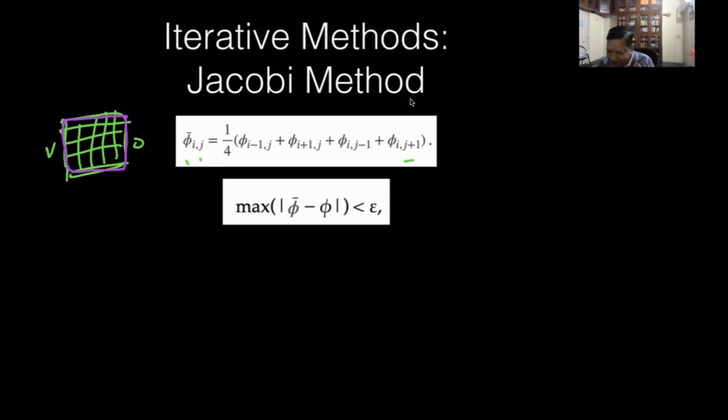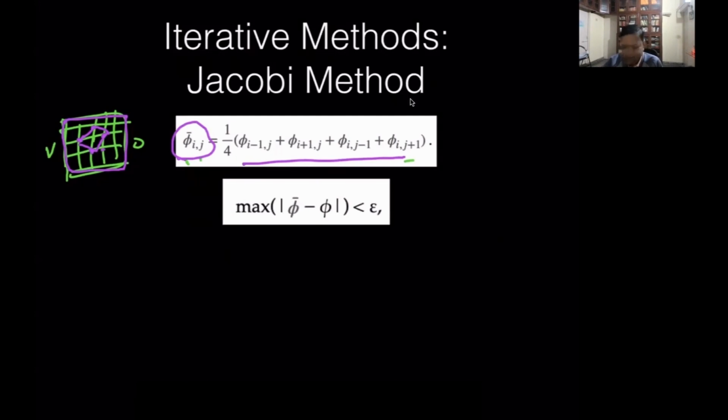It's guaranteed to converge. In any case, the idea is that for every point (i,j), I take the 4 neighbors like that and average them, and I get phi bar. So I can do a loop. For every (i,j), I compute the average. This will be a new array, and I compute that for every grid point.